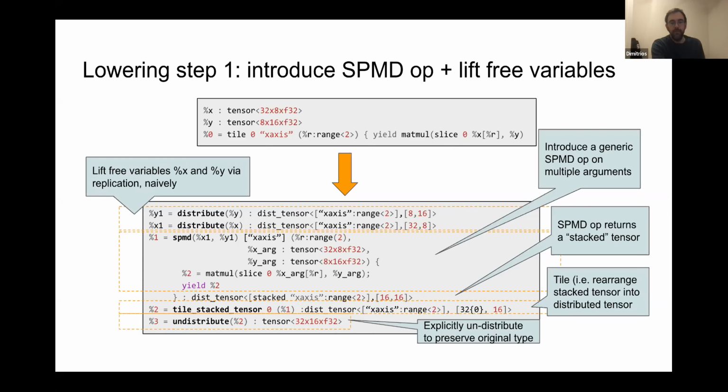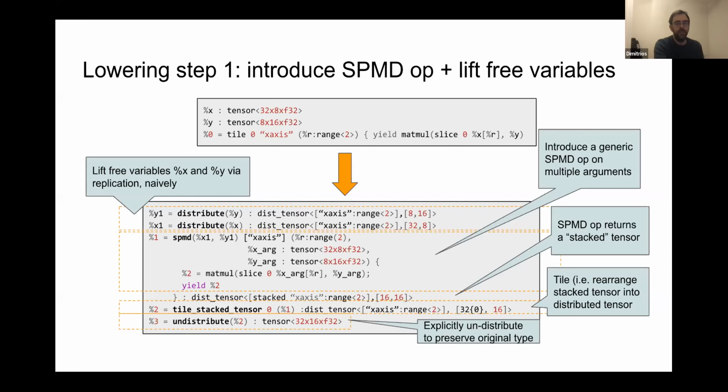And then we have some retyping information that gives it a proper distributed type, which you see with %2. %2 folds the stacked dimension into the first dimension of the distributed array and gives you a 32 with braces 0. That means it's sharded on the x-axis, which is the 0th one.